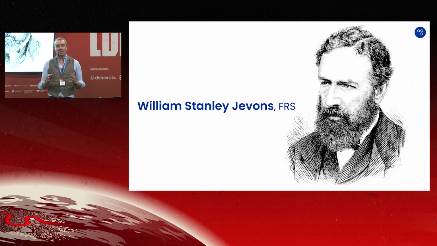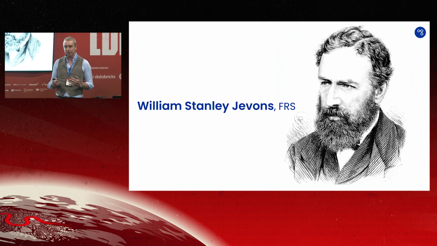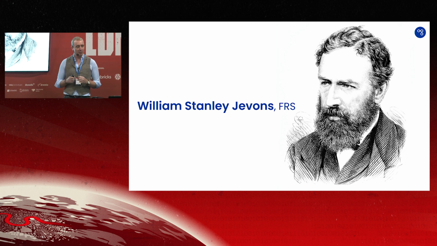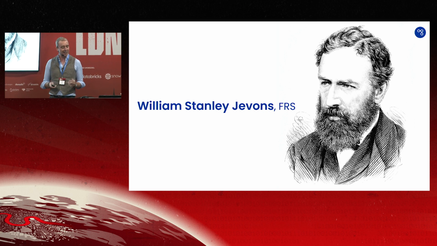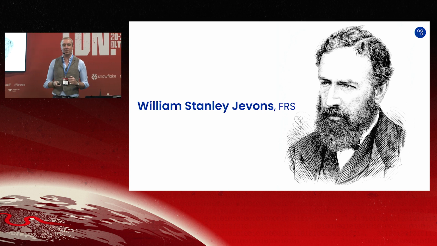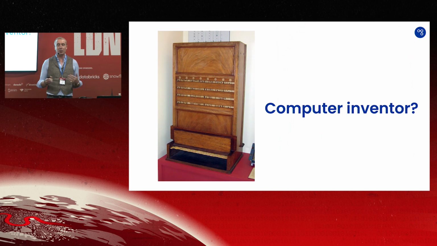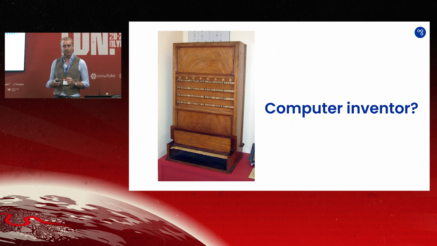But first I want to take a step back and introduce you to a gentleman called William Stanley Jevons. Now, as you can see from his magnificent beard, he was a Victorian economist from the middle of the 19th century. Normally, when someone who looks like this gets introduced in a set of IT slides, it's because they're some sort of computer pioneer or inventor, something along those lines.